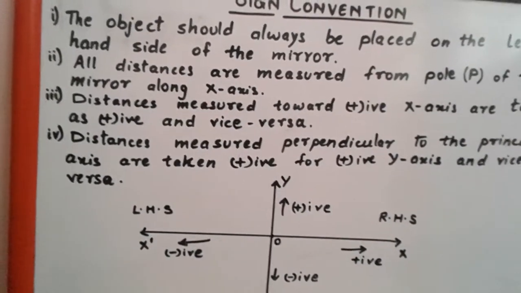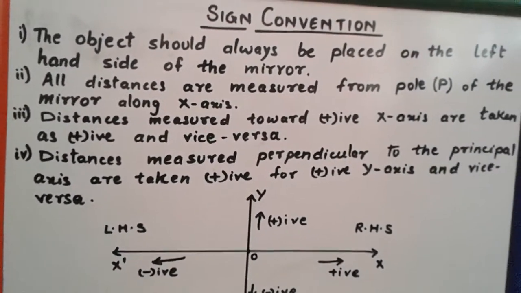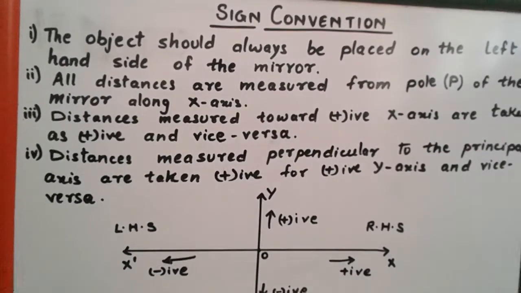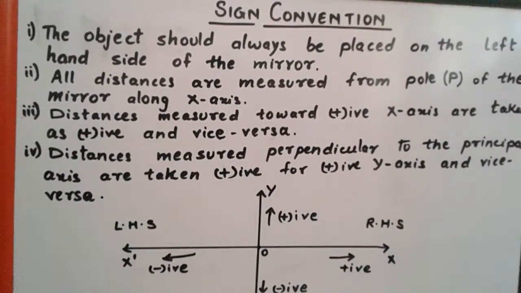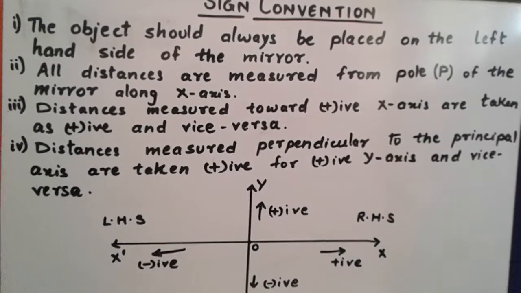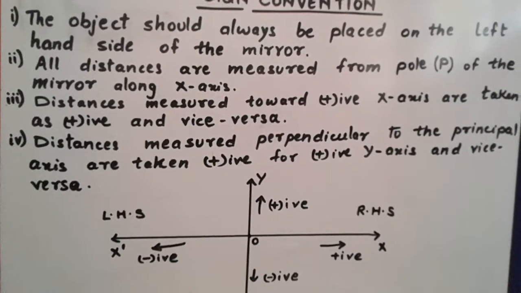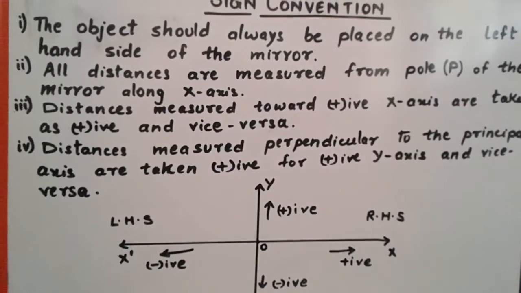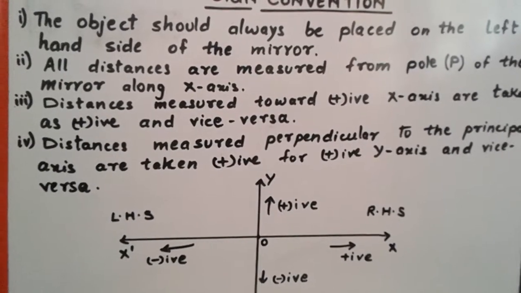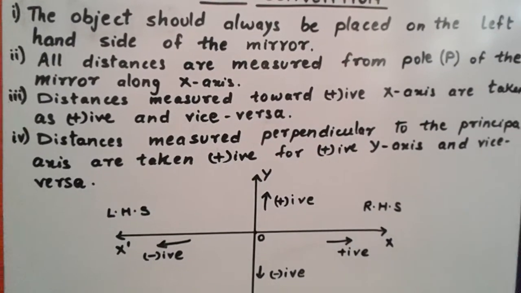The second is that all distances are measured from the pole of the mirror along the x-axis. Distances measured toward the positive x-axis are taken to be positive and those measured toward the negative are taken to be negative.